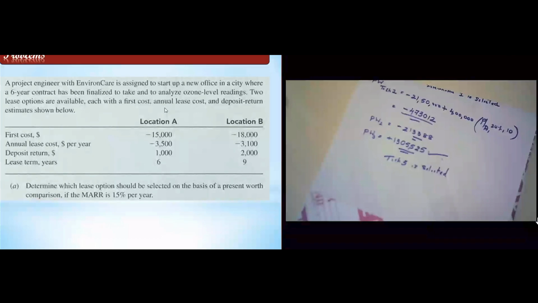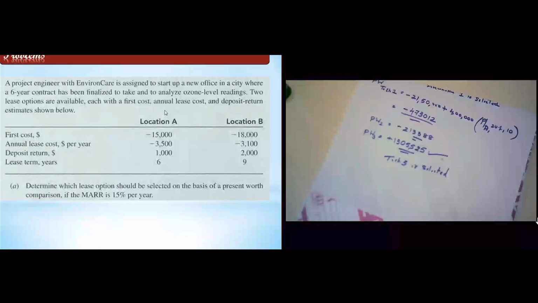Any doubt here? Yeah, sir, in the question, it is also mentioned that the 6-year contract has been finalized. So, is there any significance of that? Yeah, that can also be considered, right? So in some cases, like in this case, they have mentioned it as a 6-year contract. That can be taken as a study period. Okay.